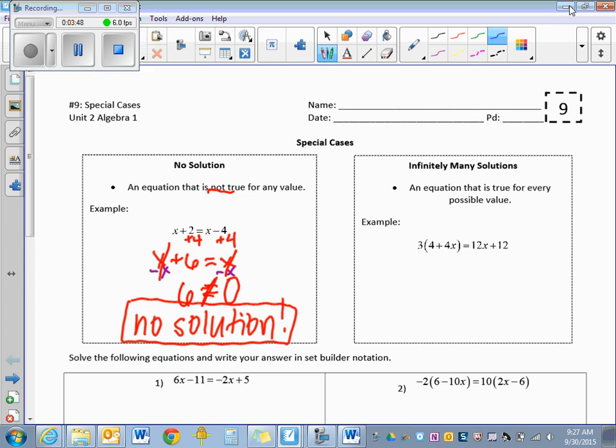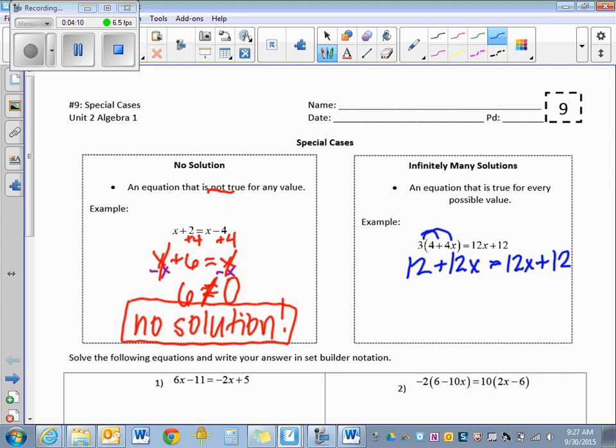Distribute. Good. We have to take care of those parentheses. So we distribute my 3, and I get 12 plus 12x equals 12x plus 12. Anybody notice something interesting already?